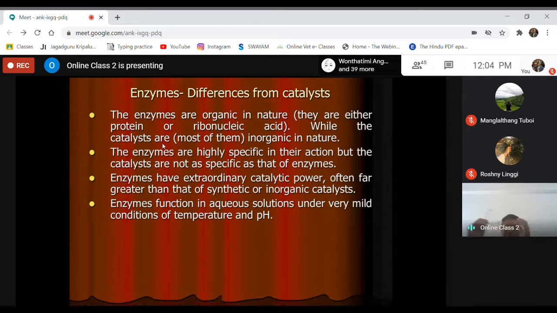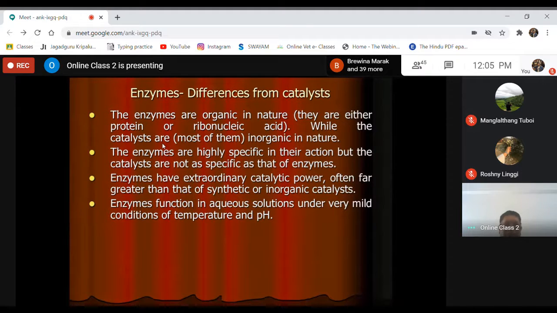Before 1980, it was known that all enzymes are protein in nature, but in 1990, one scientist called Thomas Cech discovered that ribonucleic acid, some of the RNAs, also have catalytic activity. So RNAs which have catalytic activity, we call them ribozymes. Except for the ribozymes, the other enzymes are all proteins.